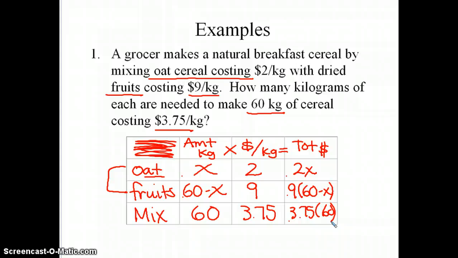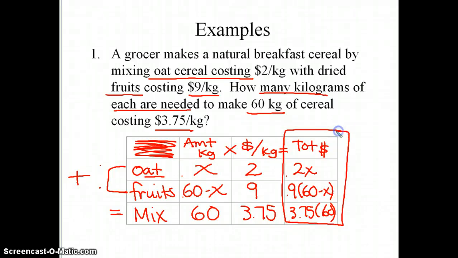I need to know how many kilograms of each are needed to make this cereal costing $3.75. I remember I said I was going to mix the oats and fruits together, so that means I'm going to add them in order to come up with my mixture.